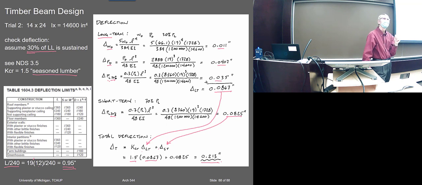Or is it squared? BD squared. I guess it's squared, right? BD squared over 6. Okay, so it goes up by the square of the depth. So as I get deeper, the section modulus goes up faster than the area.